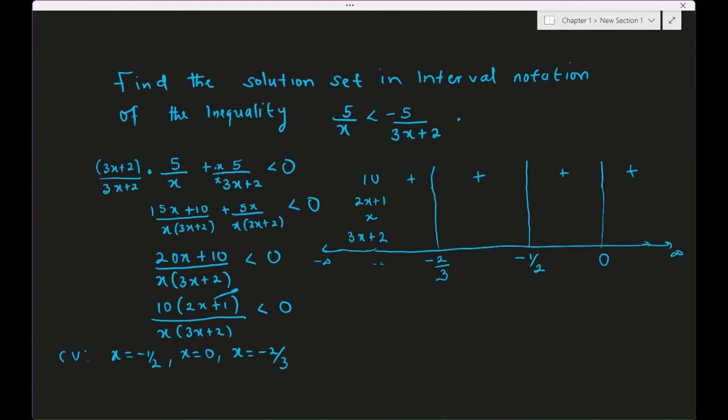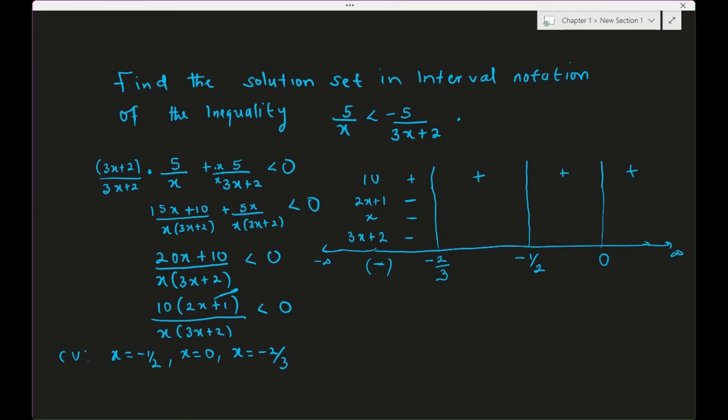Putting minus 4 in 2x plus 1 gives minus 8 plus 1, which is minus 7, so it's negative. x is negative here as well. In 3x plus 2, 3 times minus 4 is minus 12, plus 2 is minus 10, also negative. Putting these signs together, plus, minus, minus, minus, three minuses give you negative.